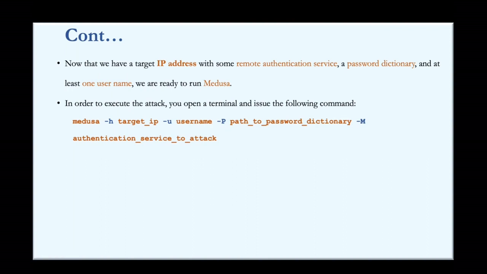To authenticate the remote access system, we use the minus M switch, that is minus M for Medusa. So by giving this command on your target from your pen testing machine, it is trying to do the brute force attack, authentication attack on the remote system.